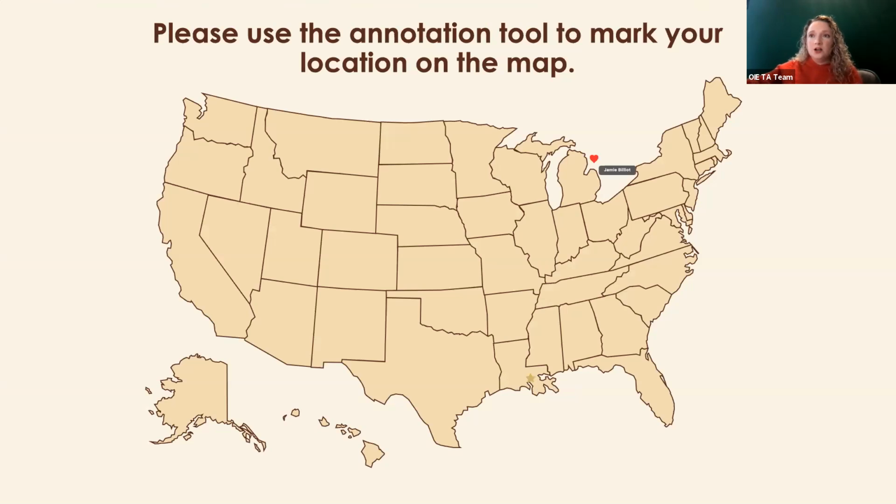And let's take a look at where everybody is tuning in from today. You can also get an idea of everybody's favorite stamp. Let's see. We possibly have somebody in Canada today.